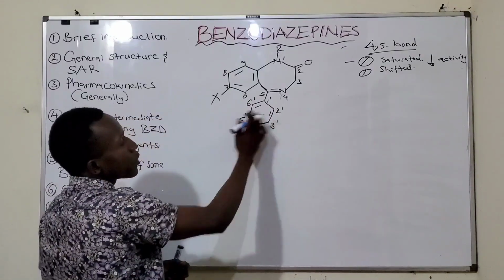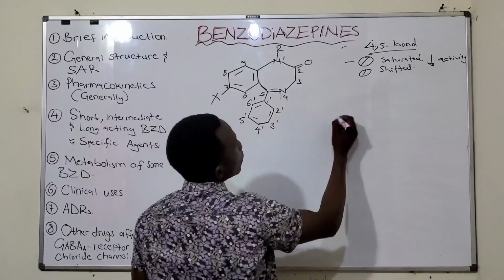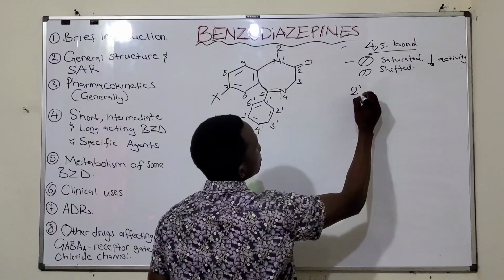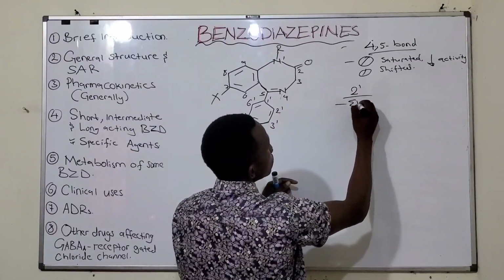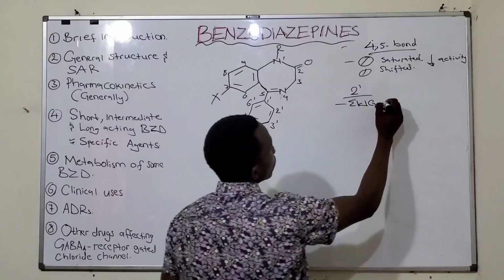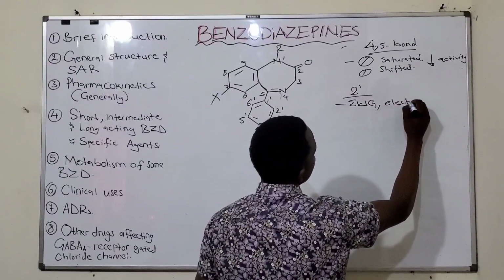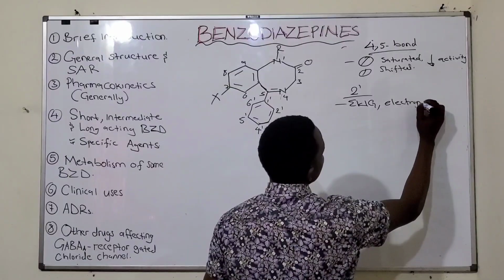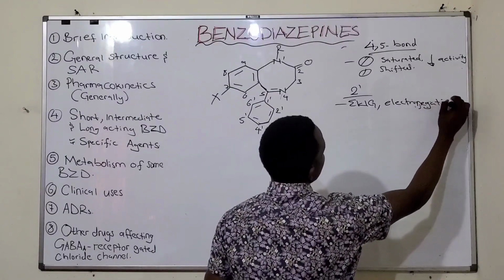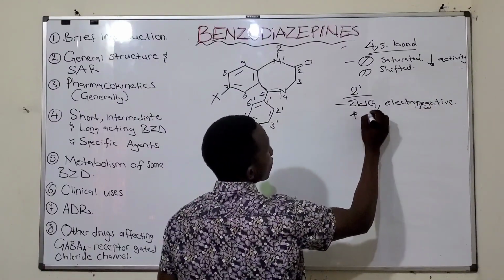Now, when it comes to this phenyl group at position 2', addition of an electron withdrawing group or electronegative atom increases the activity.